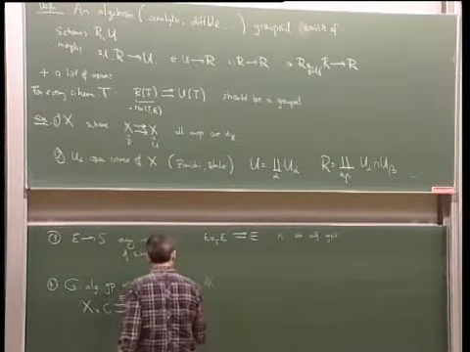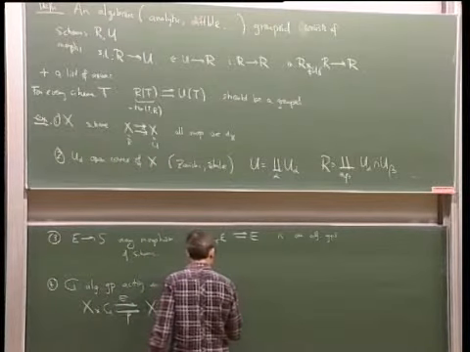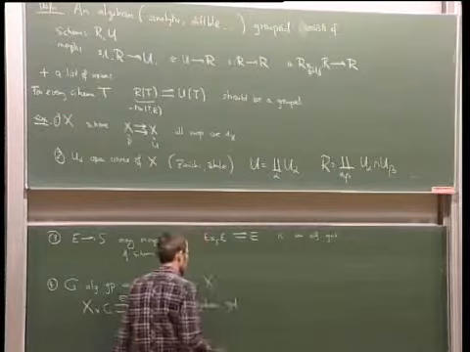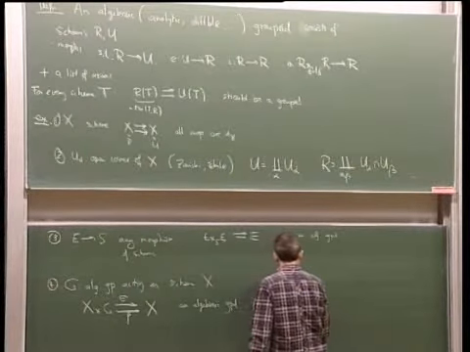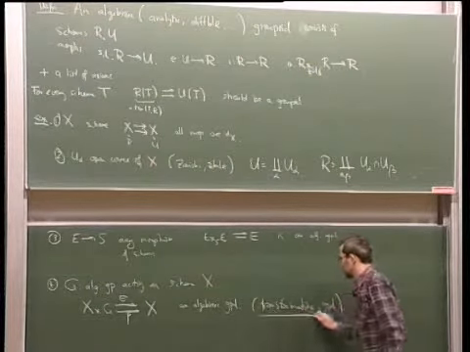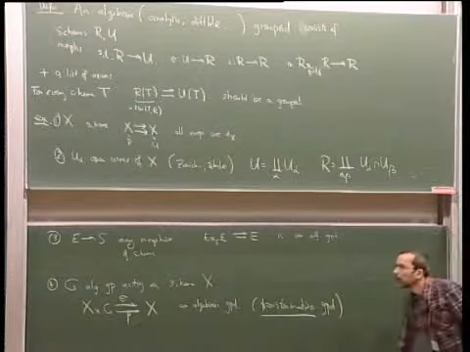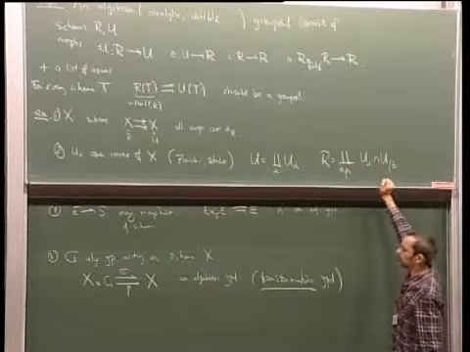This is an algebraic groupoid. This is called the transformation groupoid associated to this group action.